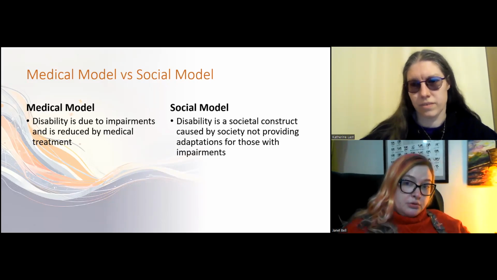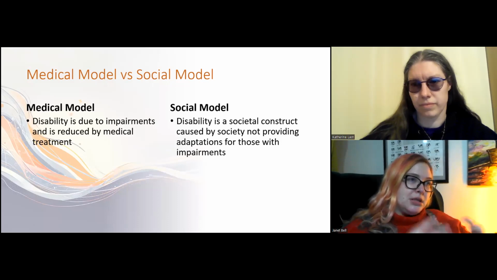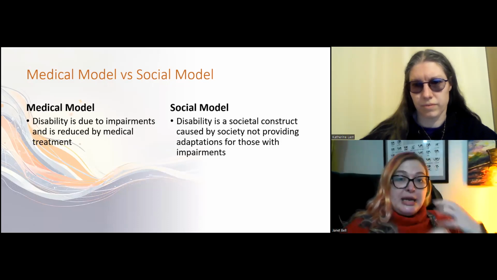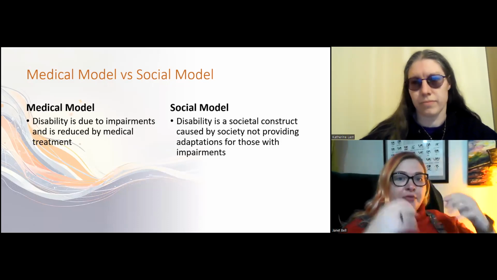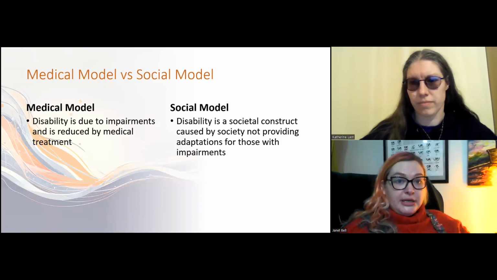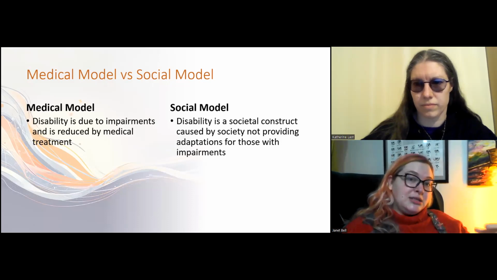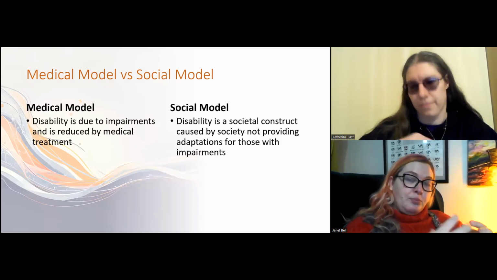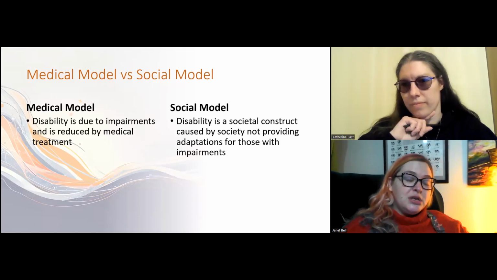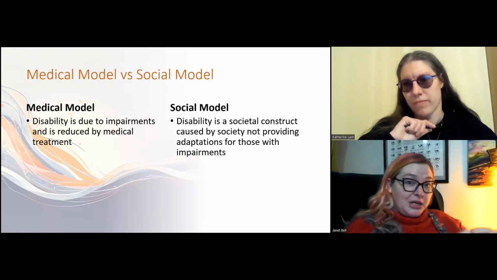The social model of disability is what has been building traction since about the 80s, when it was first turned up. The social model says that disability is what happens to somebody who has impairments because society has failed to provide enough adaptations.